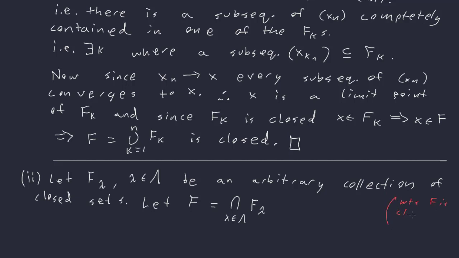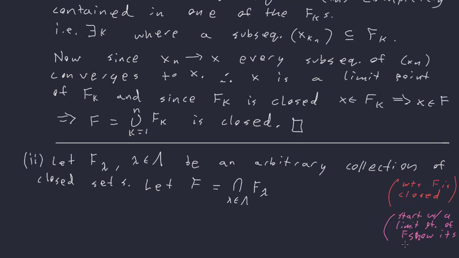So we're going to do the exact same thing we did before: start with a limit point of F and show that it has to be in F. That's always the strategy with these. Okay, so that's what we'll do.